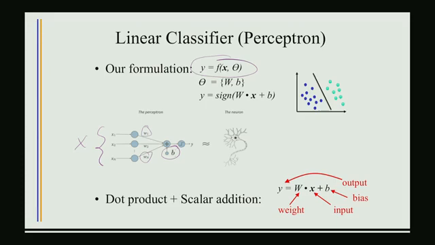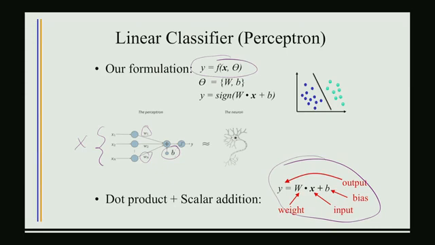I can rewrite that whole thing as this multidimensional linear equation. It's multidimensional because I've got x1 through xn, which means I need to have w1 through wn.